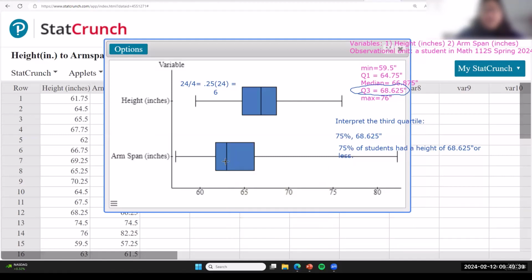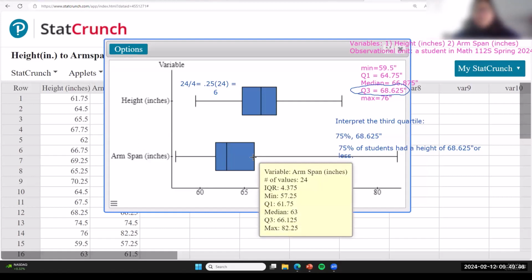Again, you can do it in the chat, just a personal chat to me. How would you interpret that Q3 for the arm spans? How would you interpret Q3 for the arm spans?